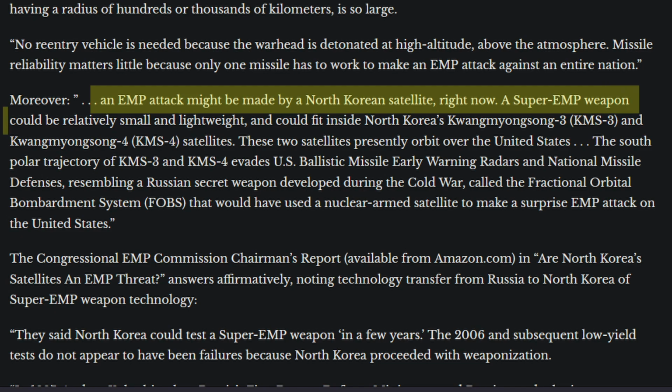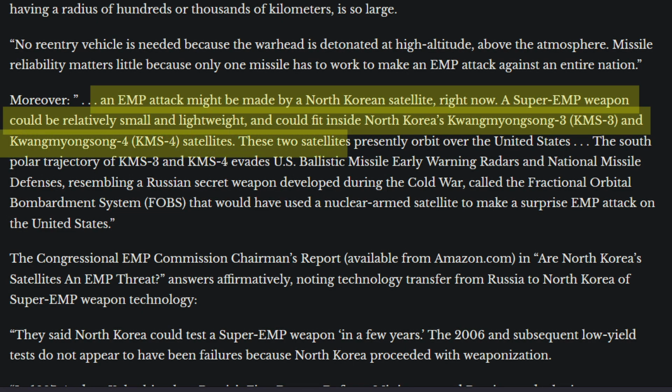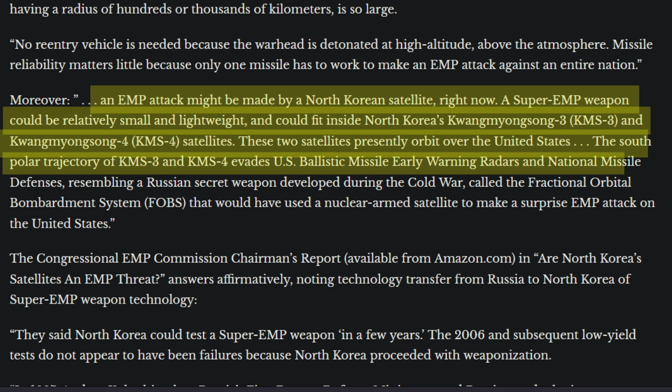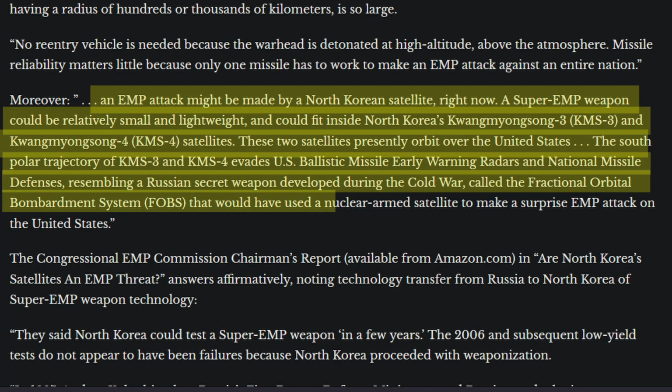A super EMP weapon could be relatively small and lightweight, and could fit inside North Korea's KMS-3 and KMS-4 satellites. These two satellites presently orbit over the United States. The south polar trajectory of KMS-3 and KMS-4 evades U.S. ballistic missile defenses, resembling a Russian secret weapon developed during the Cold War called the Fractional Orbital Bombardment System, or FOBS, that would have used a nuclear-armed satellite to make a surprise EMP on the United States.